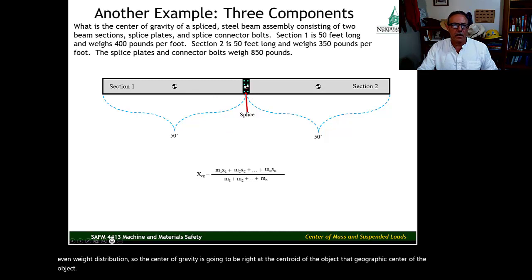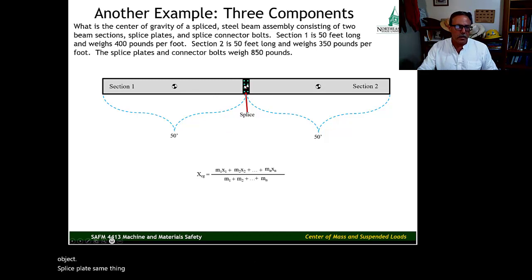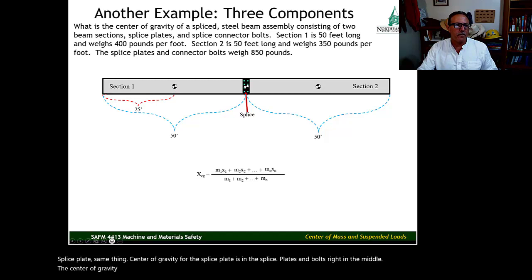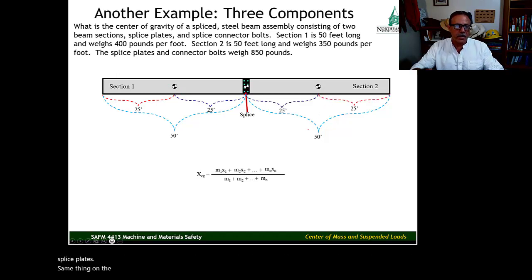Splice plate, same thing. The center of gravity for the splice plates and bolts is right in the middle. The center of gravity for Section 1 is 25 feet from the end of Section 1, and it's 25 feet from the center of gravity for the splice plates. Same thing on the other end with our dimensions. Everything's symmetrical once we get it bolted up together.